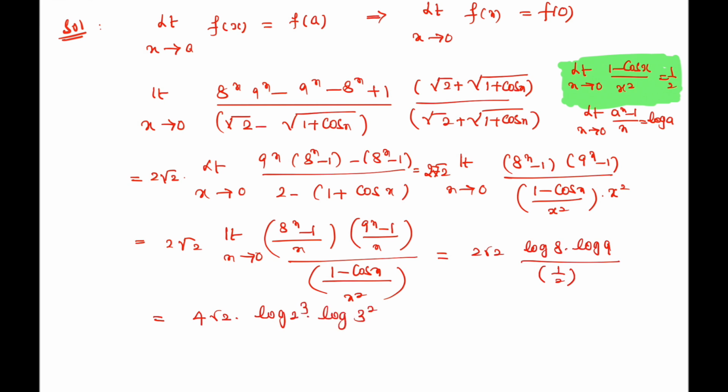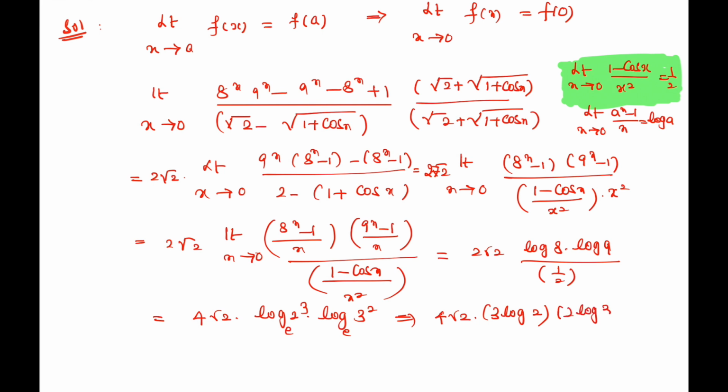Of course, here we are not writing the base; the base is e only. Using log a power m is m log a, the 3 comes outside: 4 root 2 into 3 log 2, and similarly the 2 comes outside: 2 log 3.